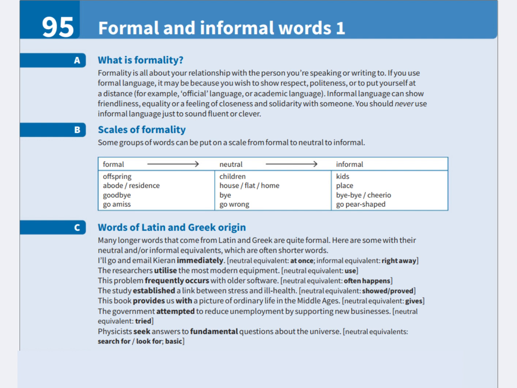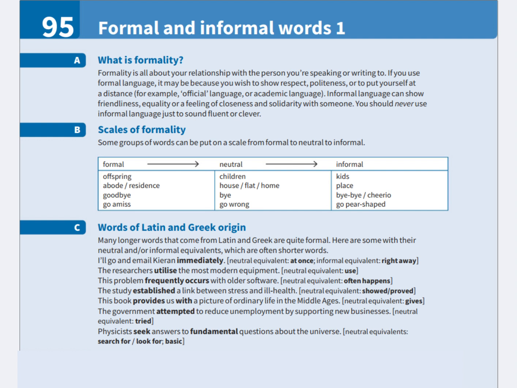In informal English, someone may simply refer to their home as their place. The formal word goodbye can become the more neutral bye. Informal alternatives include bye-bye and cheerio. The formal expression go amiss and the neutral expression go wrong both describe a situation that develops badly. The informal expression go pear-shaped has a similar meaning.